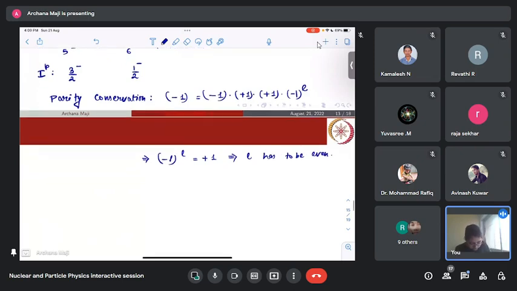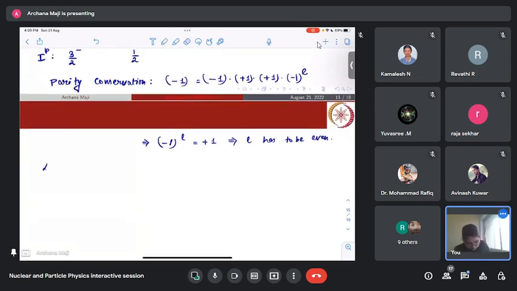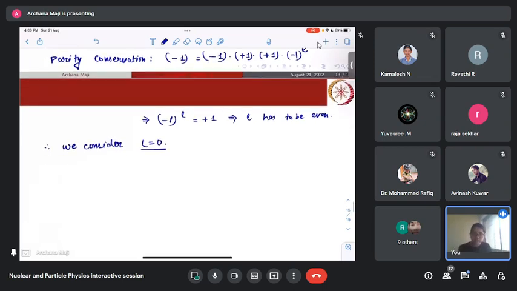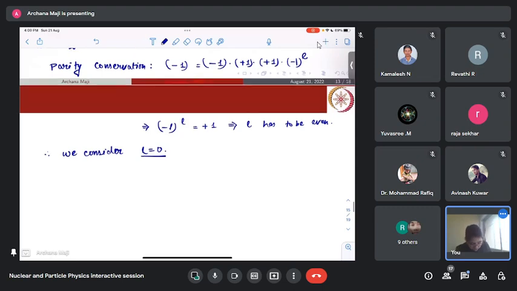Okay, so therefore we consider L to be 0. Now we need to do angular momentum conservation to see whether it is Gamow-Teller type or not.